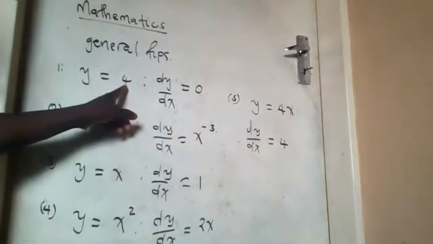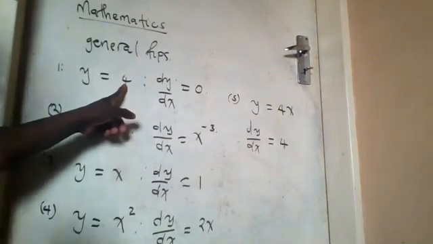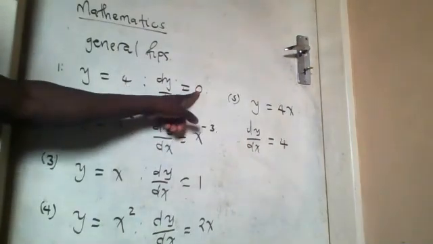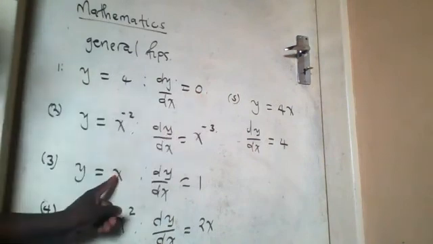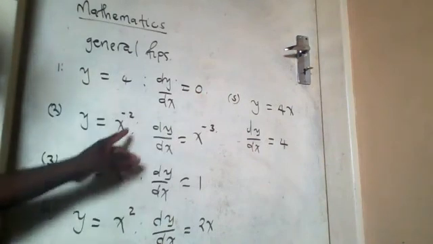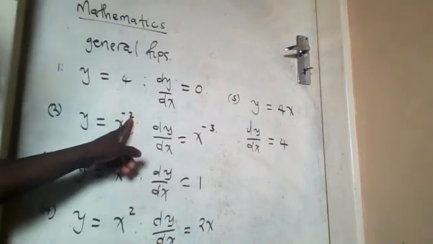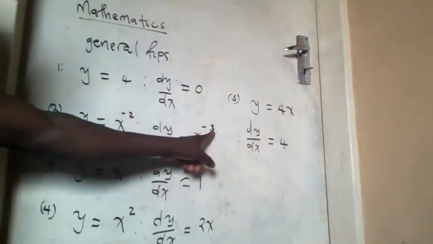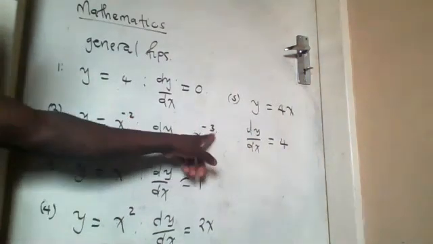So where you have this 4, it can be any number, even if it is 10, to give you a 0. Then here, this one is constant, but if here the power was -3, it will be -4. If it was -5, it will be -6.